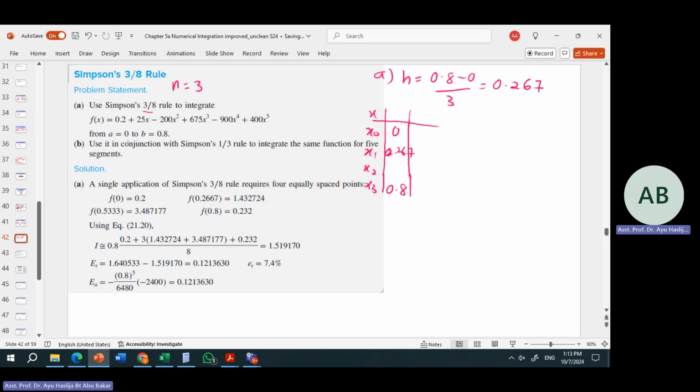Zero, 0.267, 0.533. Okay, here is the answer actually. You see the solution. X0, X1, X2, X3.